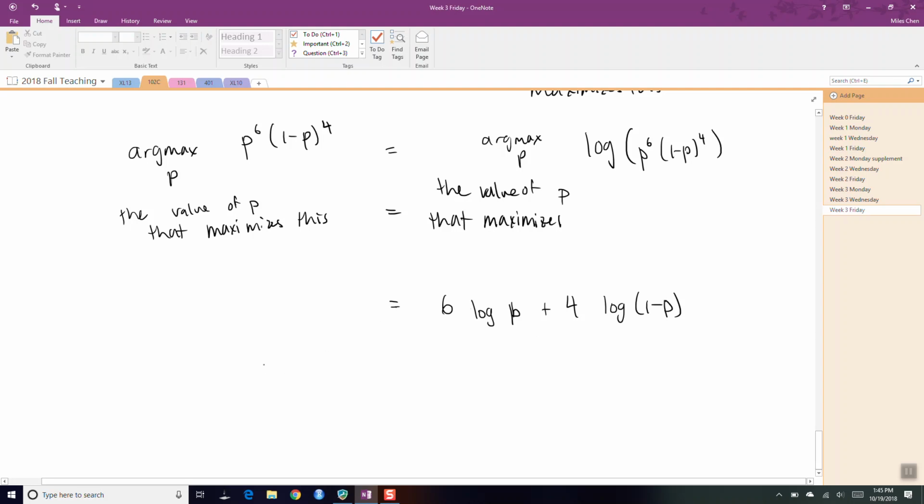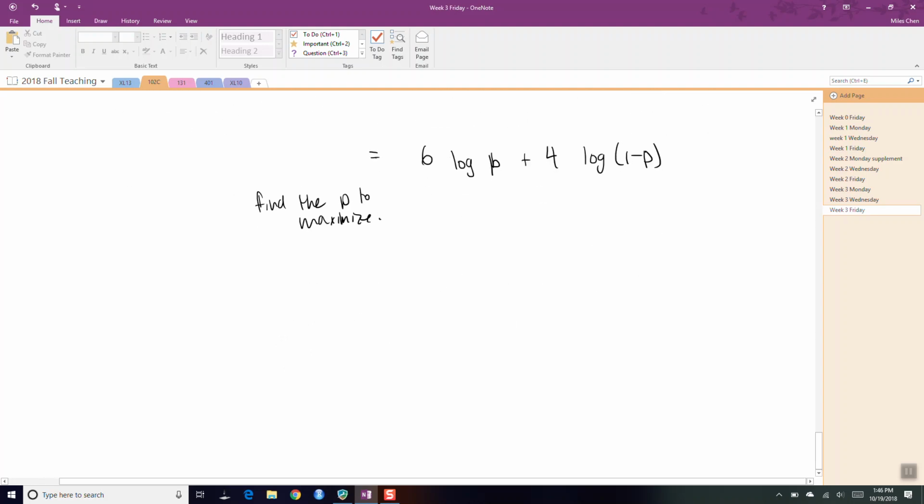And then we want to find this maximum, find the p to maximize. So we take the derivative, right? d dp, and we're going to get 6 over p plus 4 over 1 minus p times negative 1, okay?